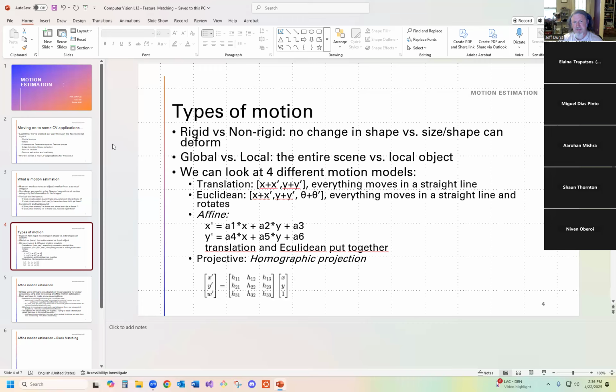It's a huge pain. And we're not really going to go through the linear algebra that goes into doing that. What I want to do for the class, for our take on this application, is to just look at affine motion.